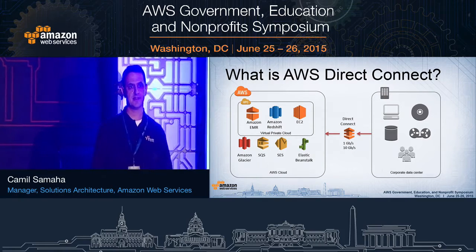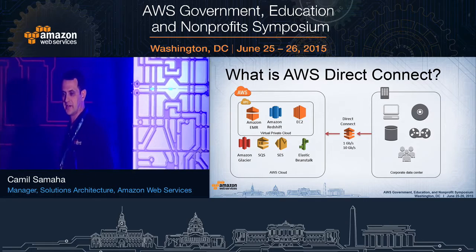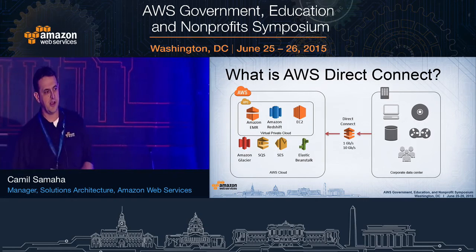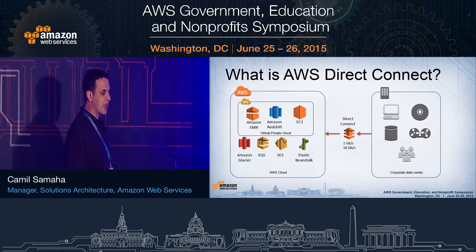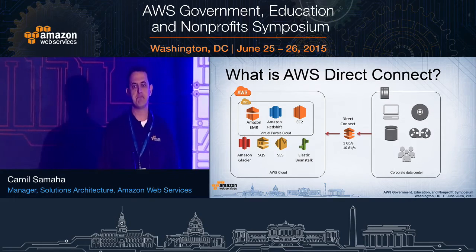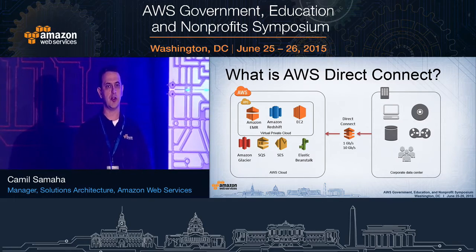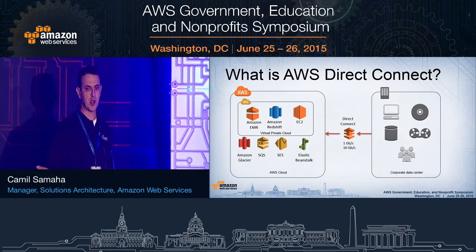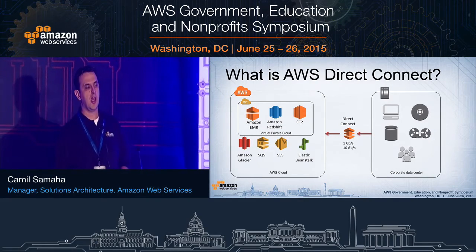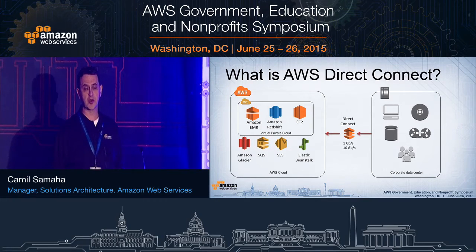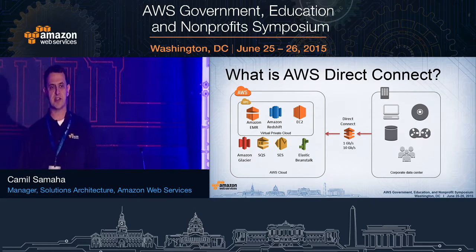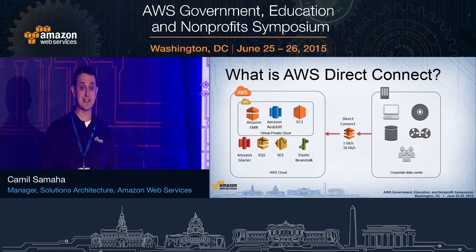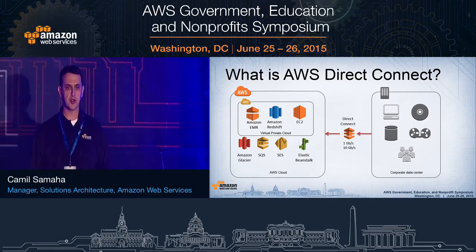What is AWS Direct Connect and why do we need it? Customers, as they're taking the journey into the cloud, some customers are ready to be all in on AWS or the cloud in general, while others still have resources, data centers, capital expenses that they still need to leverage and utilize.